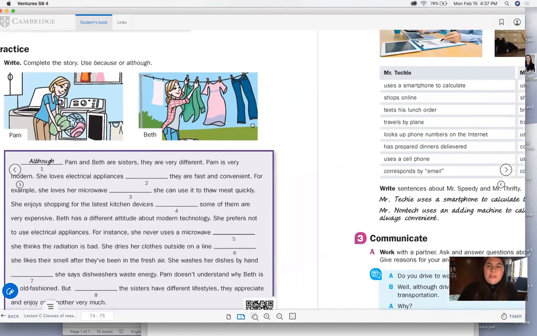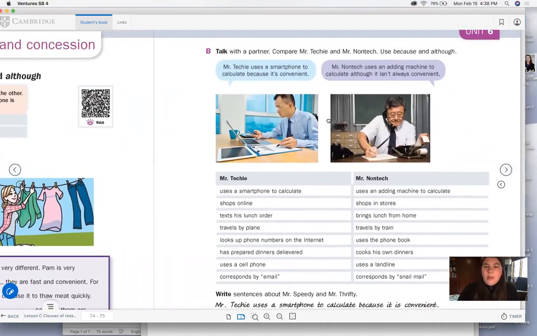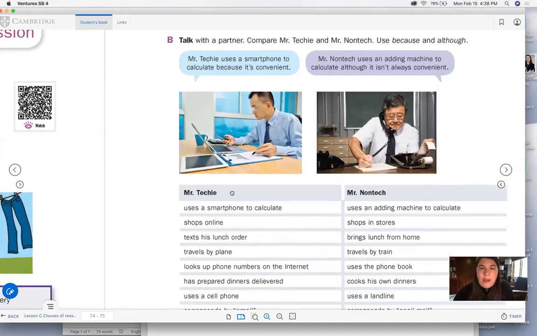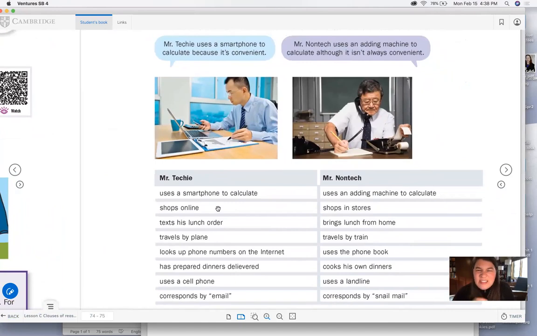Okay, so page 75 over here, we're going to be talking about the same idea, but with these two men. So Beth and Pam, one liked technology and one did not. Here, and these names are very funny, Mr. Techie. A techie is a nickname for anyone who likes technology. You say, oh, she's a techie.